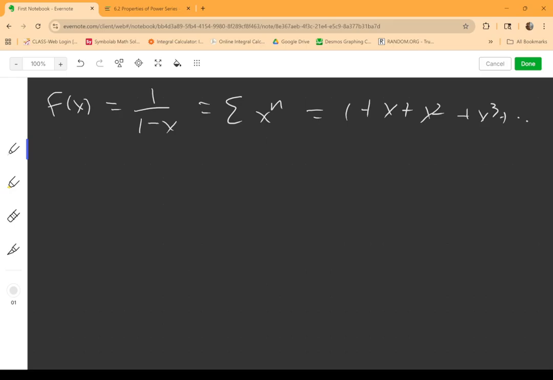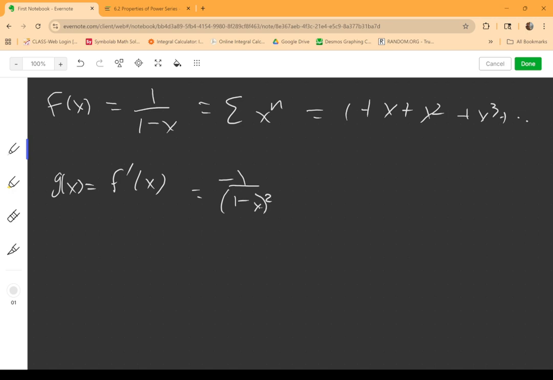So for example, we start off here again with our power series, the sum of x to the n, which is 1 plus x plus x squared plus x cubed, etc. And we can find a power series for the function g of x, which we'll define as f prime of x, which is, well, it should be positive, 1 over 1 minus x squared.